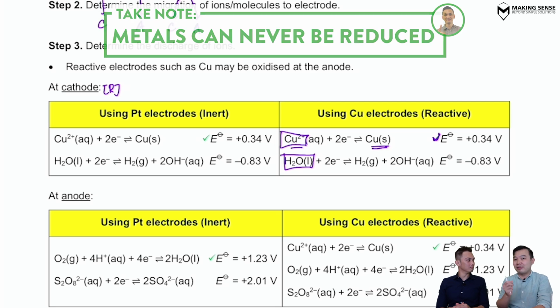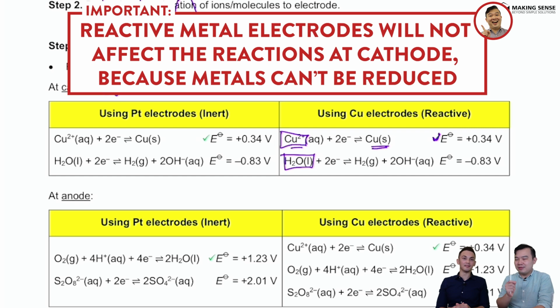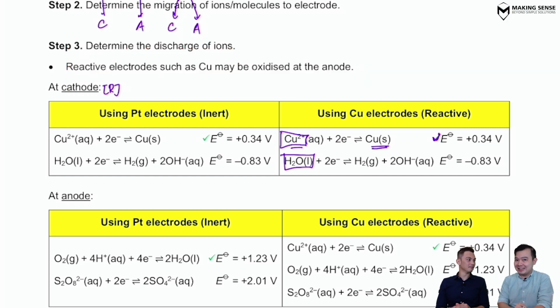So therefore, this is a very important note: if I look at the reduction electrode, the cathode, even though your copper is there, the copper cannot undergo reduction. So it is going to be considered as an inert electrode there. So even though you change it to something that's more reactive, nothing will happen at the cathode itself. Okay, so active metal is useless. Yes, correct. At the cathode.